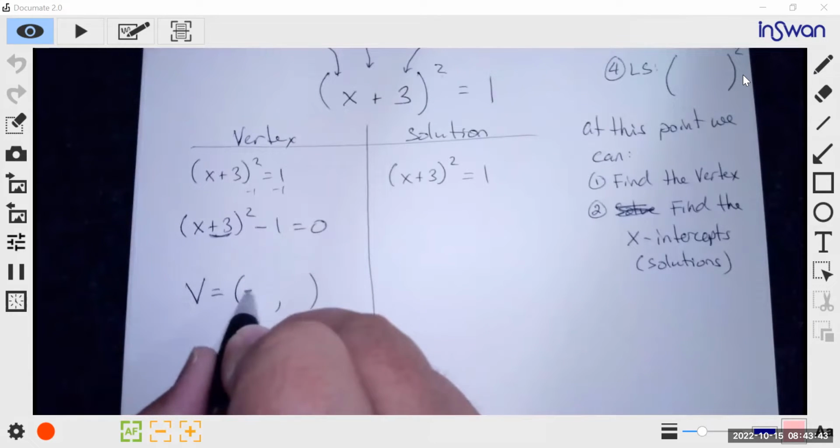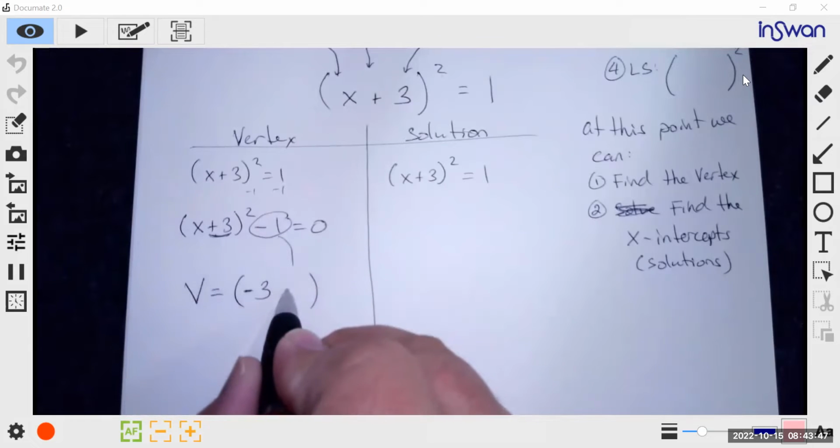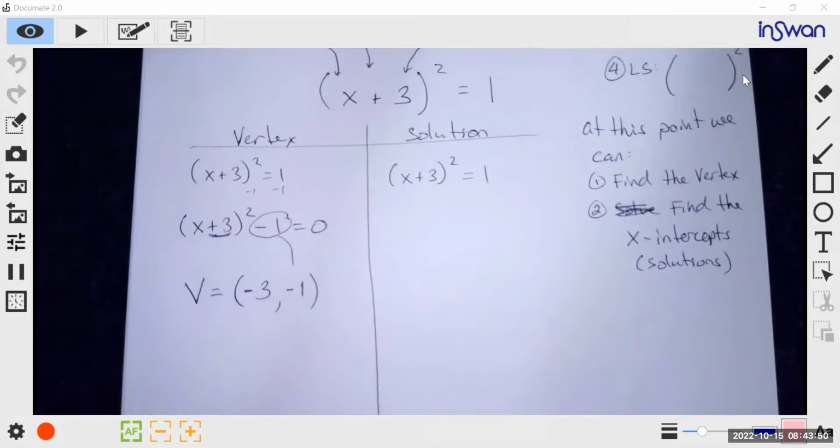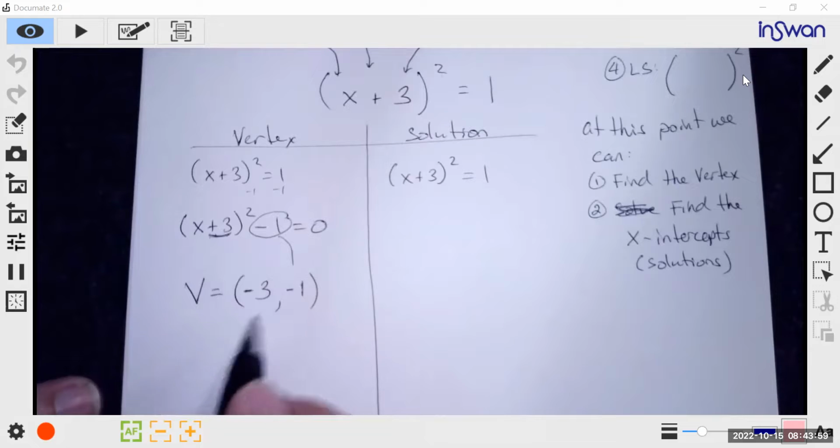So that's a plus 3, so the answer is -3. And whatever that one is. It's the opposite of what's inside the parentheses and whatever on the outside is. And there's your vertex. So we've found the highest or the lowest point of the graph.